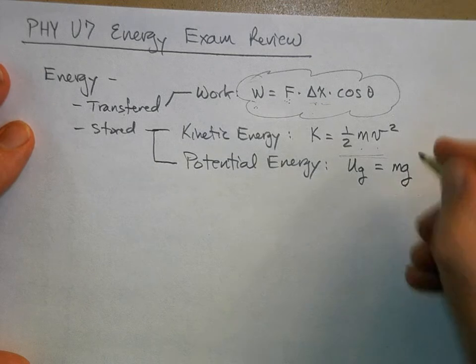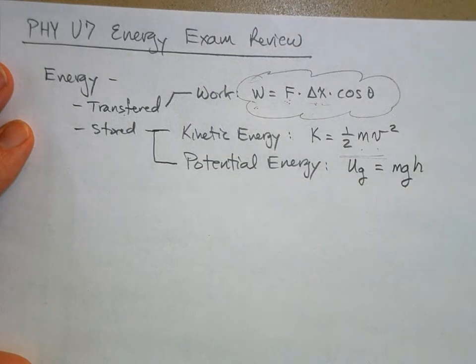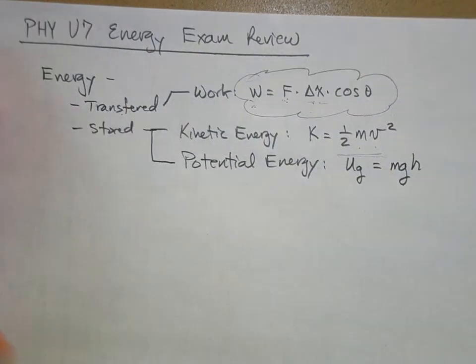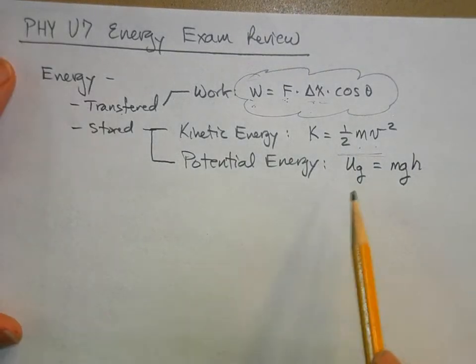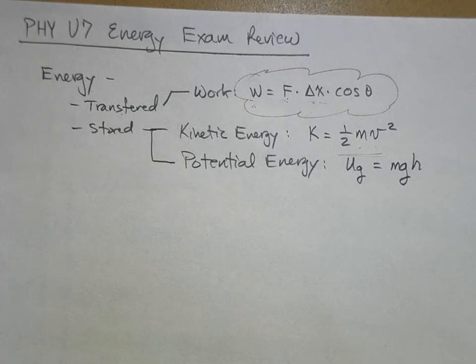We're going to call that the height. h is the height, your height above some reference. So usually we use the ground, but you don't have to use the ground, tabletop, or whatever. And so that's the energy stored in a gravity field. That's potential energy.